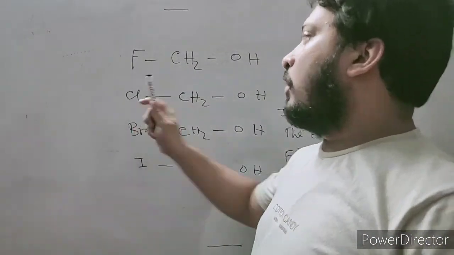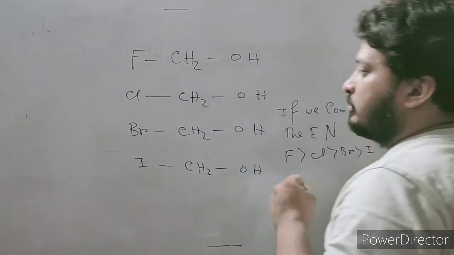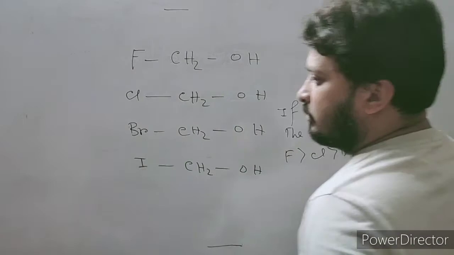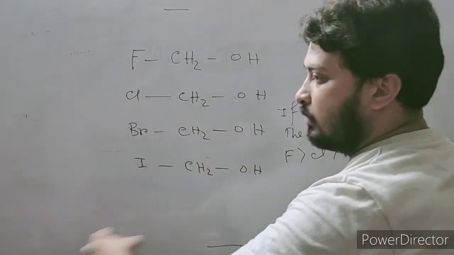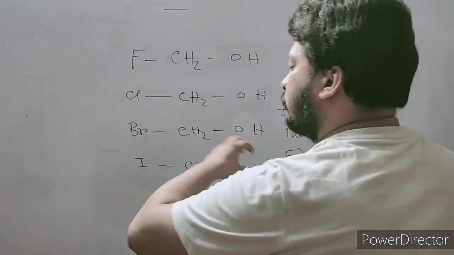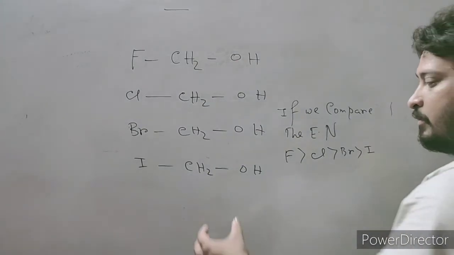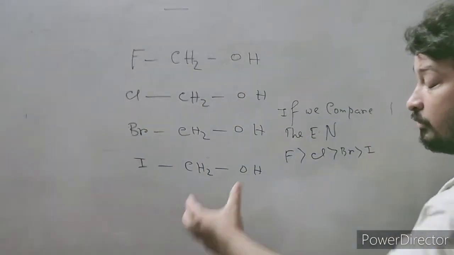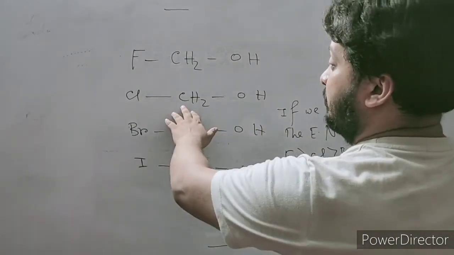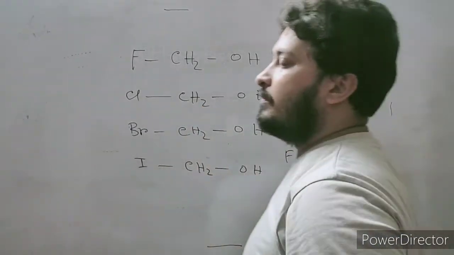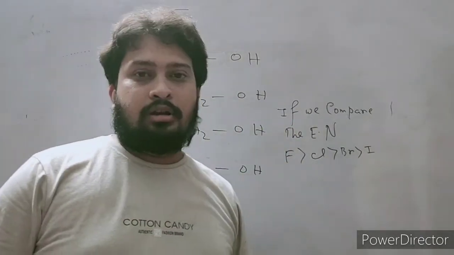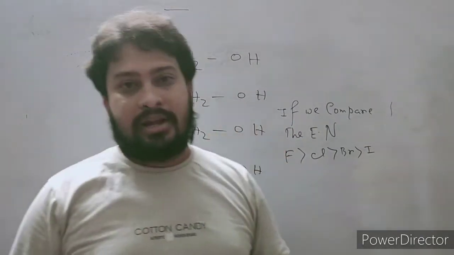Chlorine can also pull the electron towards itself from the methyl, but not as much as fluorine. Bromine can also, and iodine can also, but fluorine has a higher electronegativity.